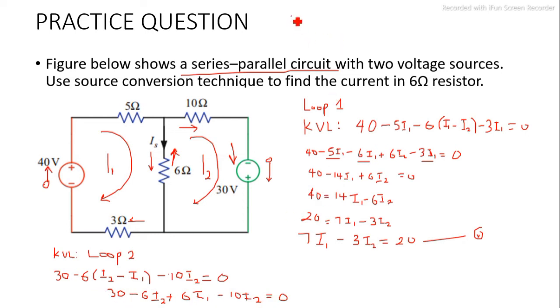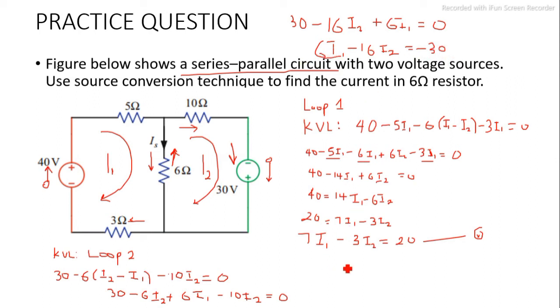We are going to have 30, then minus 6 I2 minus 10 I2, that's minus 16 I2, then plus 6 I1 equals 0. So rearrange this, bring the 30 to the other side. I'm going to have 6 I1 minus 16 I2 equals minus 30. 2 can go into everything, so divide all through by 2.